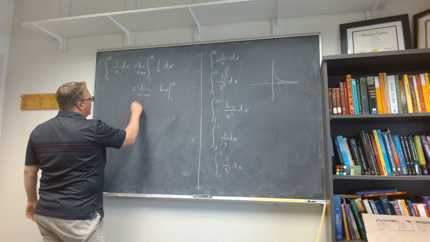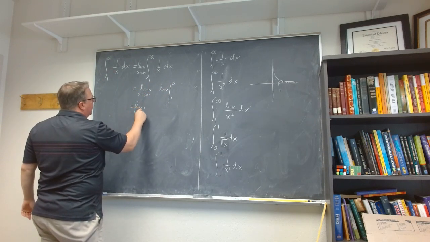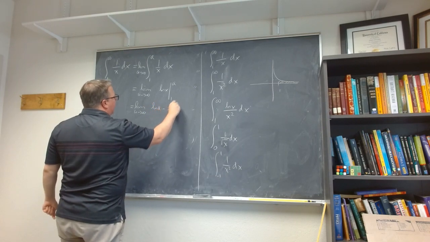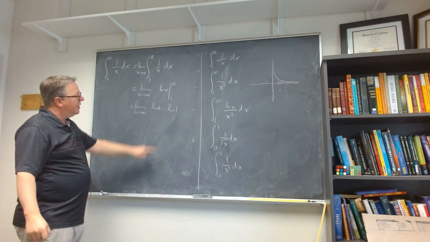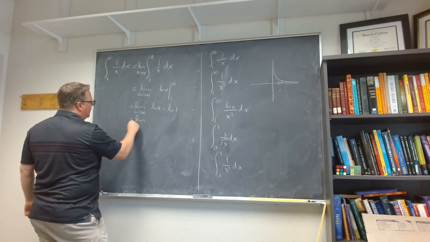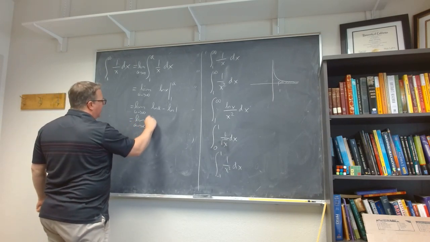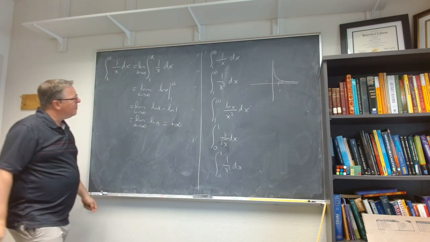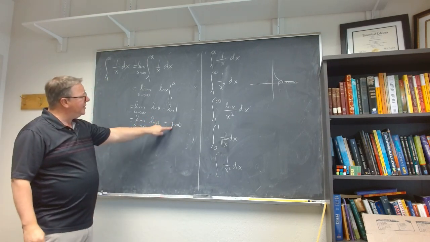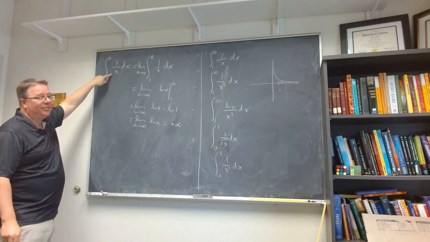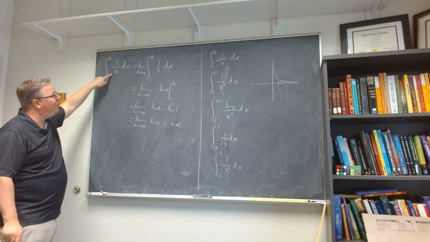So this will be the limit as a goes to infinity of the natural log of a minus the natural log of 1. The natural log of 1 is 0, so we're looking at the limit as a goes to infinity of the natural log of a, which of course is infinite. So because this limit is infinite, we will say that this improper integral diverges. This diverges to infinity.